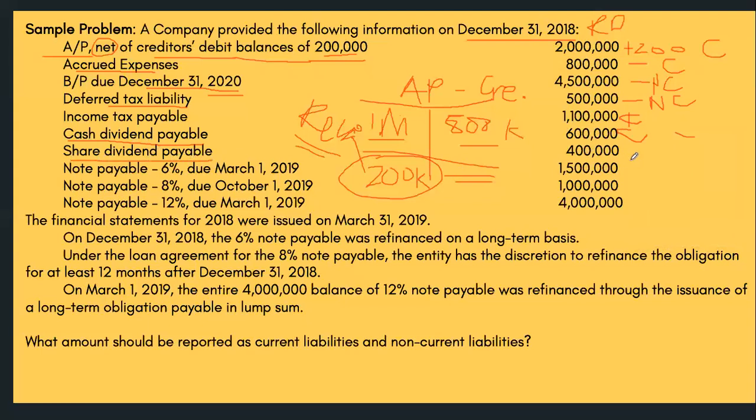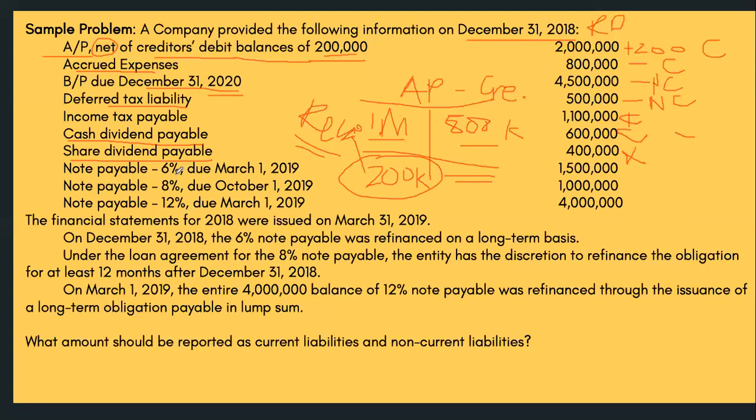Share dividend payable: an essential characteristic of a liability is a transfer of economic resources, meaning a transfer of assets, either cash, non-cash assets, or performance of services. But here we issue shares, which is an equity account. Therefore, we need to ignore this one.